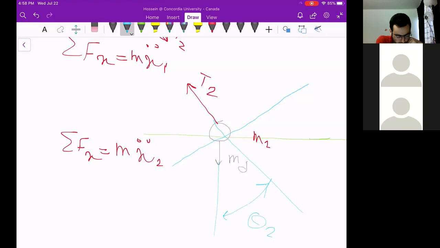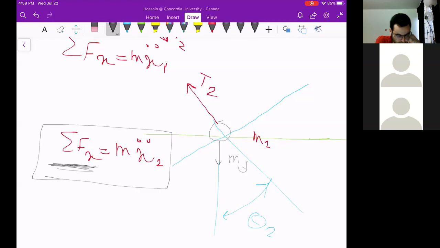So for deriving the equation of motion, I just started with this. The right hand side is very clear for me. For the left hand side, I need to know what kind of forces are going to apply to the second mass here, for example.